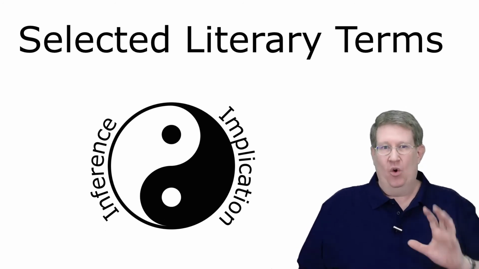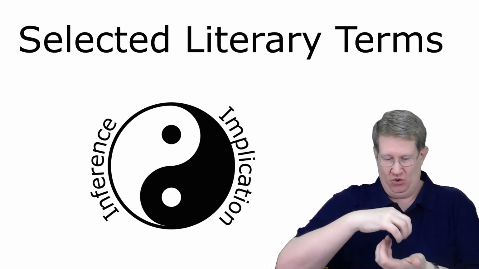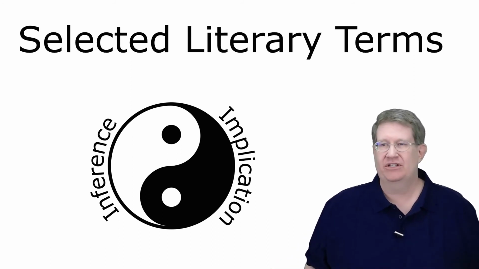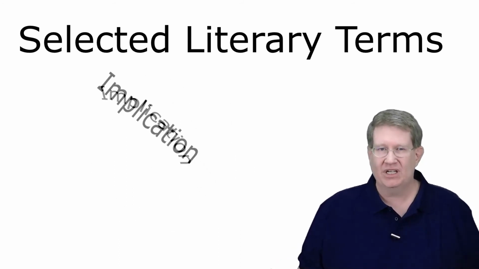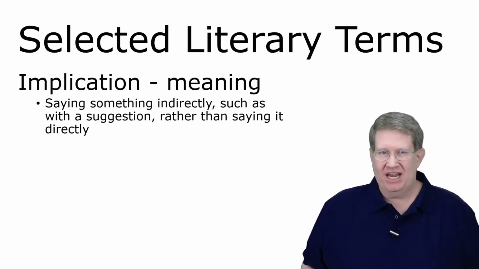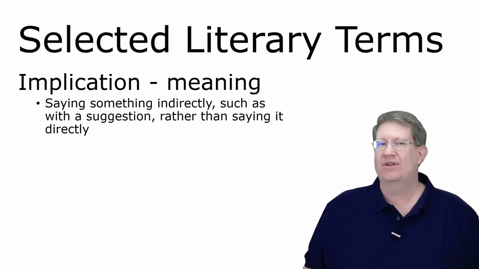So, what she is saying and what he is supposed to understand, those two fit together like these two ideas, inference and implication. Let's start with implication. Implication is saying something indirectly, such as with a suggestion, rather than saying it directly.